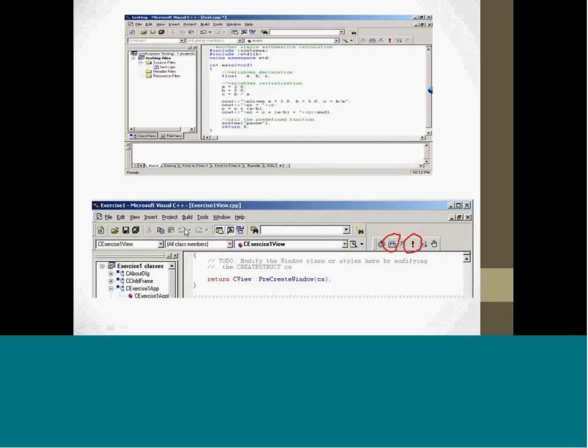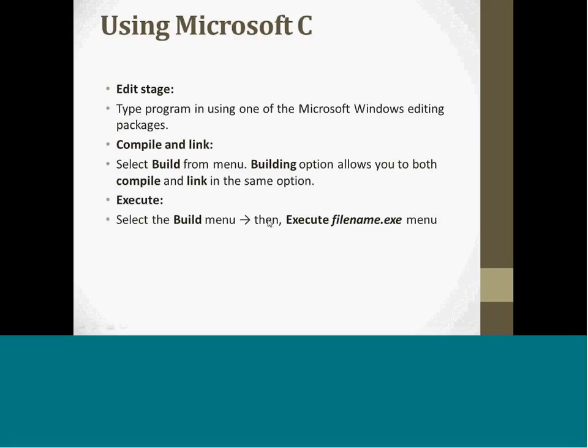The option is also on the top menu. If there is no error message or warning message, you are ready to run the code. Once you see the red icon here, you can run. The other option is to go back to the top, go to the build menu, click it, and you will see execute.